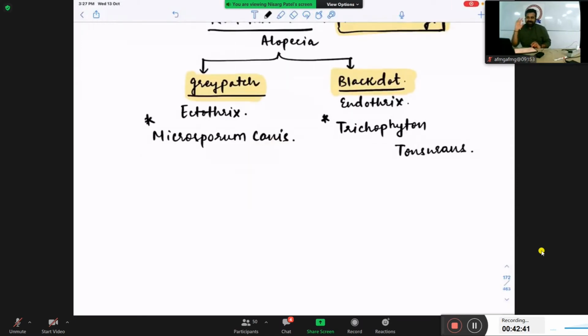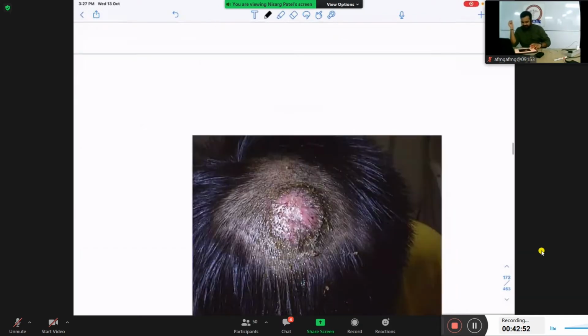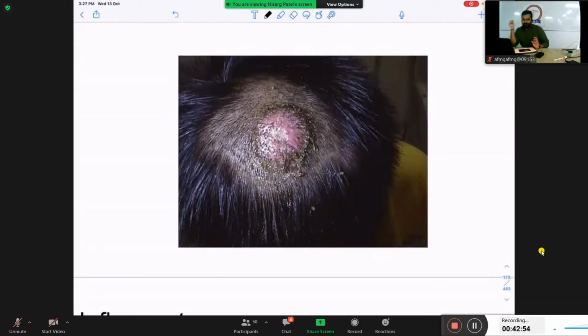But when I develop inflammation, if this fungus tries to go deeper, then my immunity will take up to kill them. So if this patient does not get treated and this fungus goes deeper and deeper, now it will be attacked by my immunity.